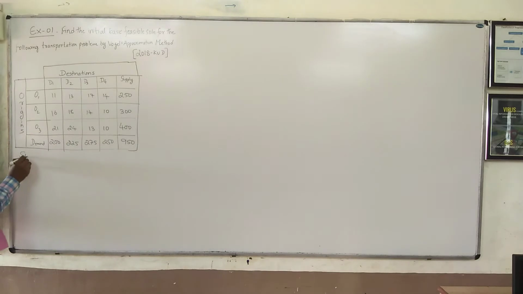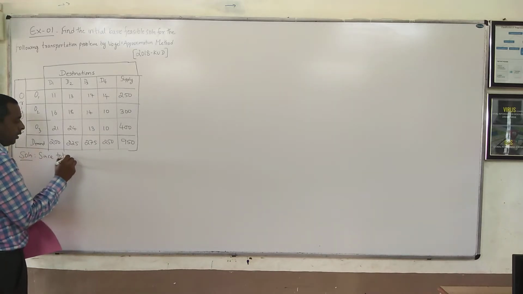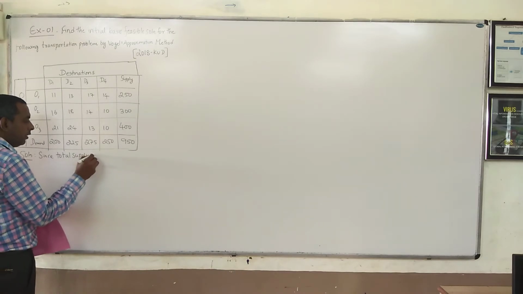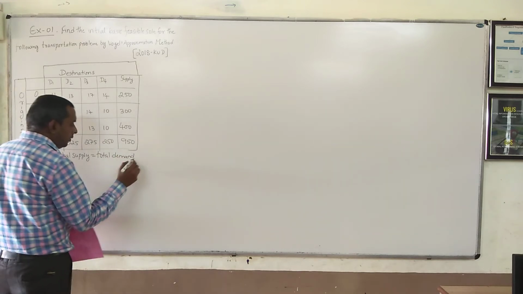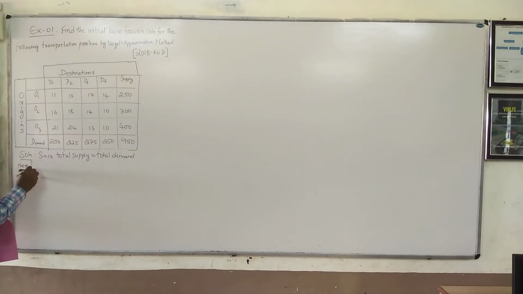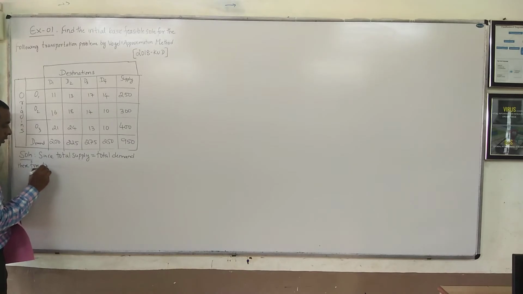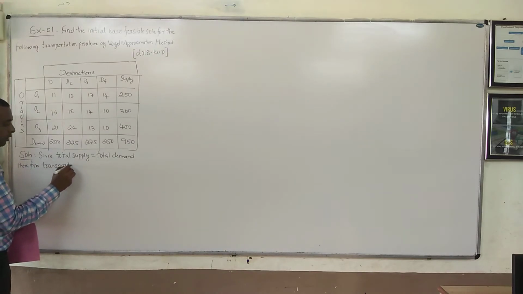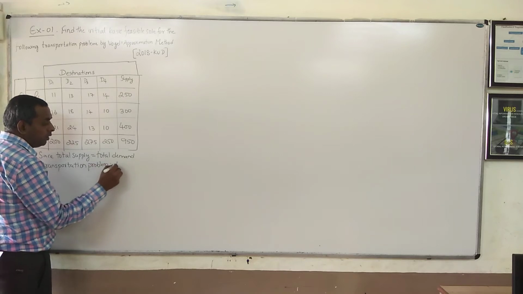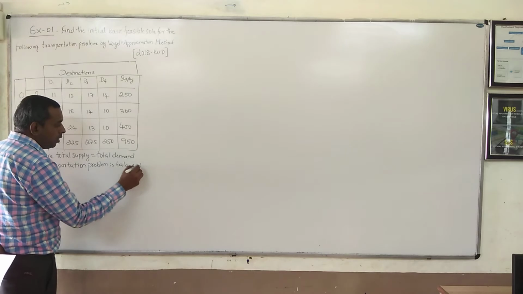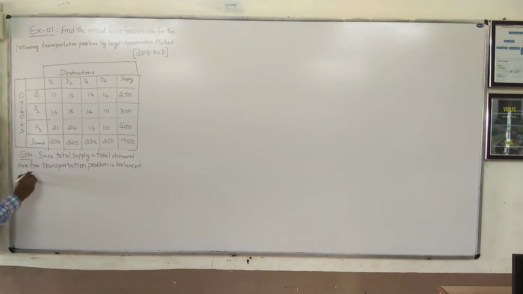Solution: since total supply is equal to total demand, therefore the transportation problem is balanced, that is summation ai is equal to summation bj is equal to 950.